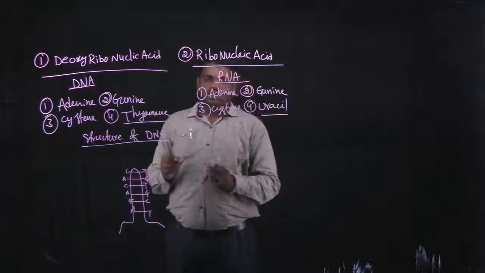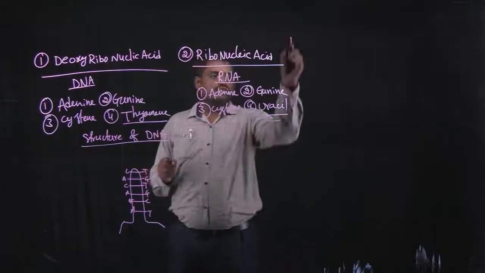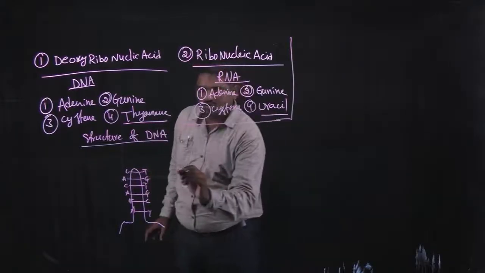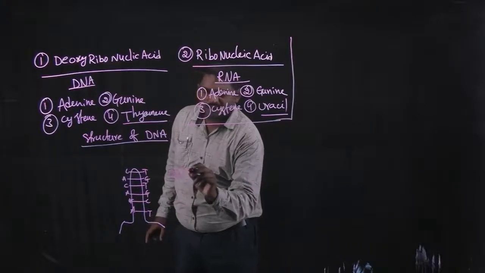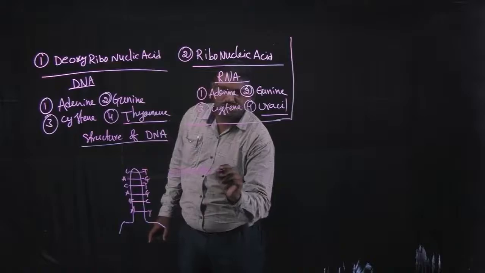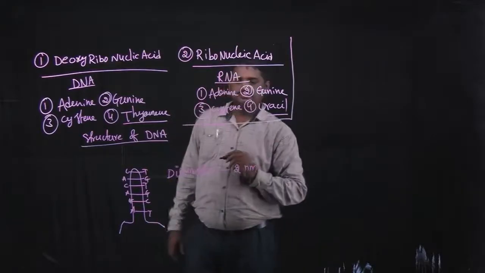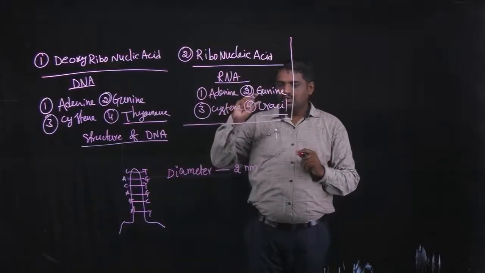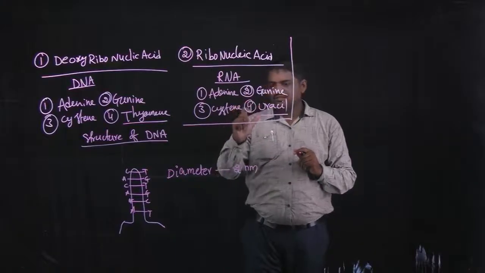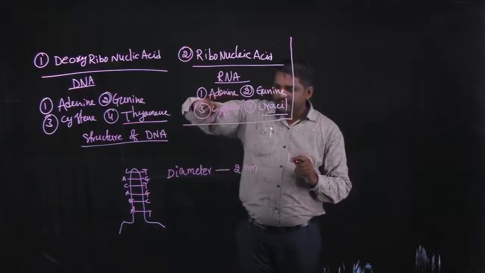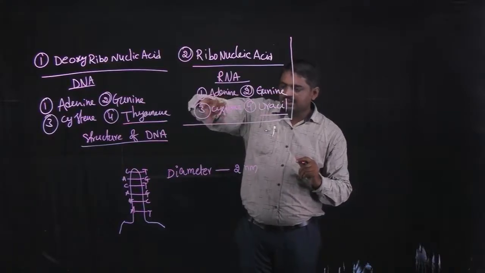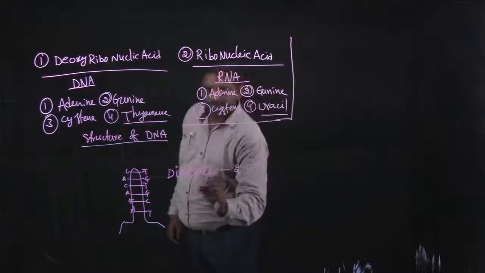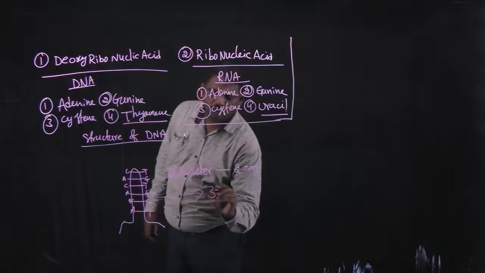In this DNA molecule, the diameter of the ring is 2 nanometers. For one complete rotation, the length of the molecule in a linear way is 3.4 nanometers.